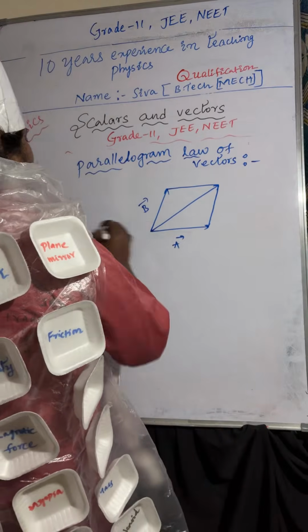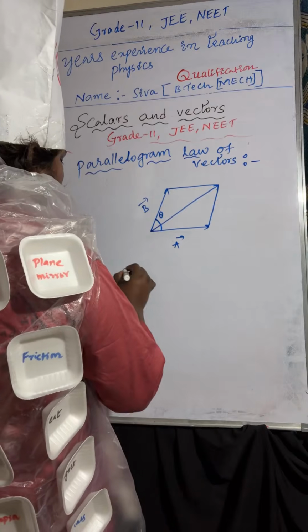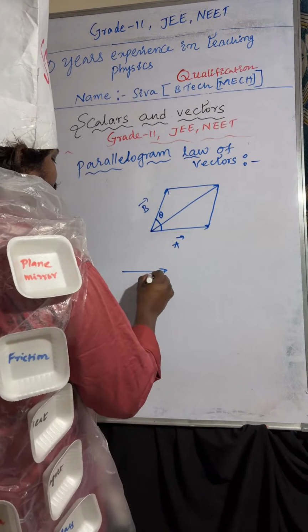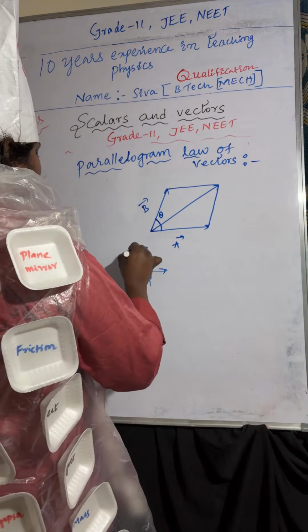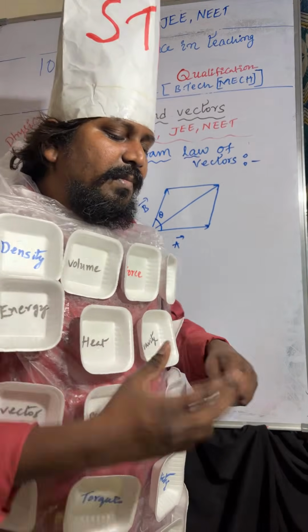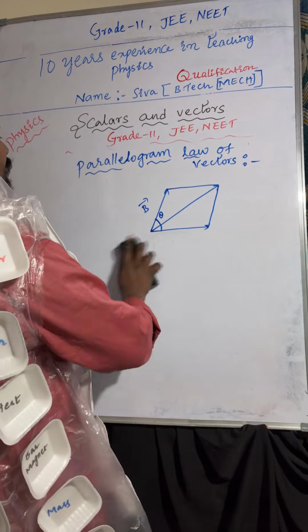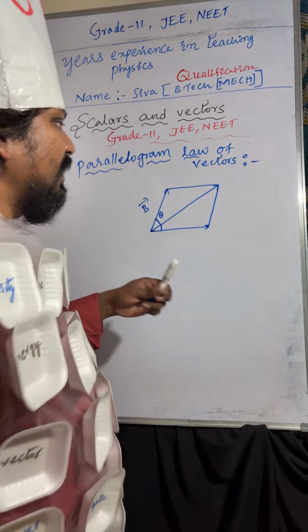The angle between A bar and B bar is theta. A bar is this one and B bar is this one. This is theta. R bar makes a certain angle with A bar, that is alpha, and with B bar you can take beta.